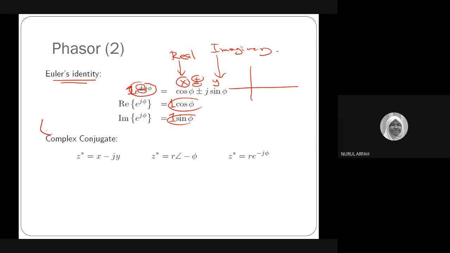Now I want to introduce the complex conjugate. The normal form is x plus jy, with a real axis and an imaginary axis.